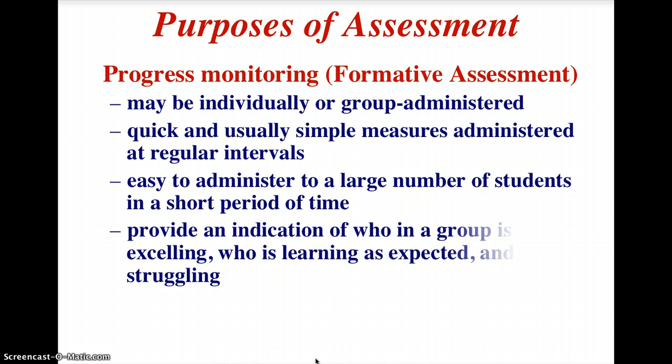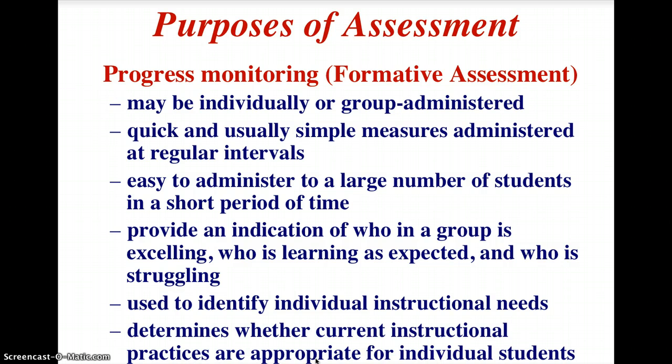Progress monitoring can be administered in a group, but it can also be administered individually. The most common type of progress monitoring, CBMs, for example, are typically administered individually. They're fairly quick and they're given at regular intervals, so it's not just a beginning of the year and an end of the year thing.